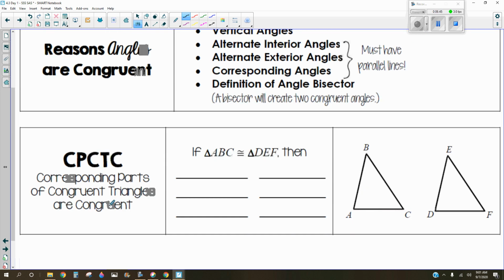One rule that we're going to use is if we've proven one of our 5 rules that we just talked about, then we can tell 2 triangles are congruent using the idea of corresponding parts of congruent triangles are congruent.